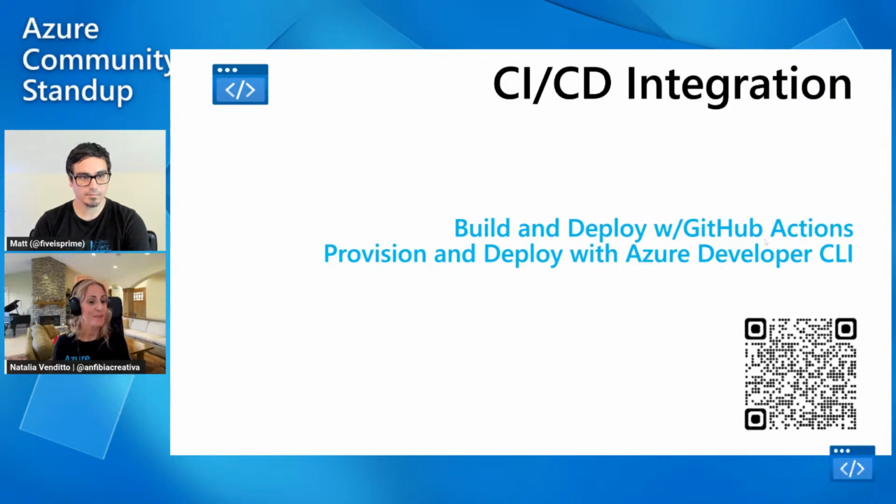And we also chose it because of, of course, the CI/CD integrations, the ability to just put a GitHub action and connect your repo to static web apps and deploy continuously. And then what we mentioned also before, the ability to provision and deploy with the Azure Developer CLI.